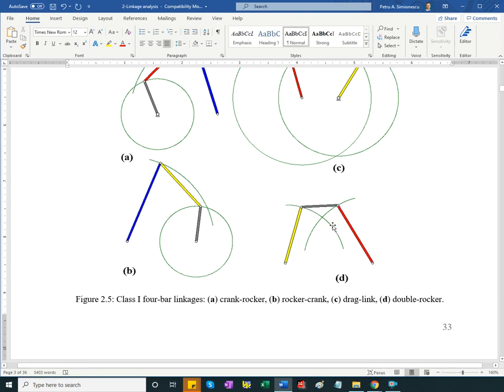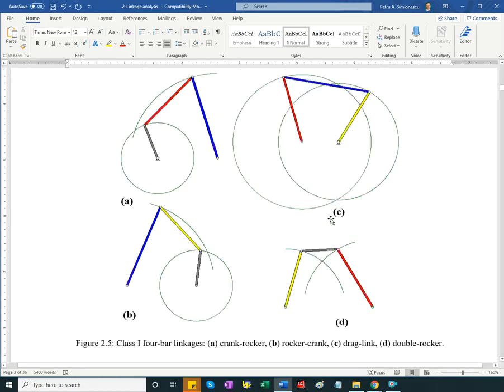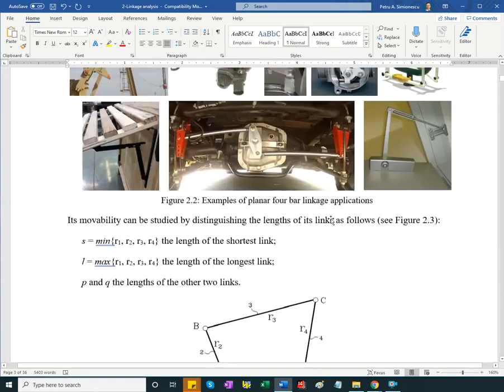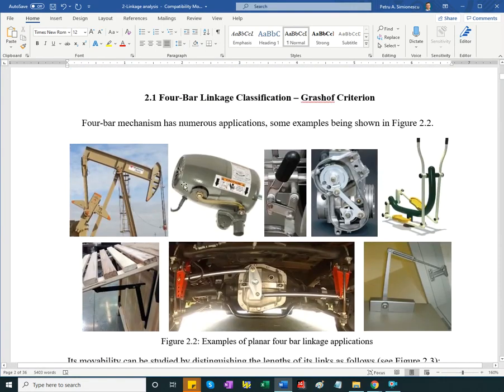The other two links would be in line. I can do the same. The other two, yellow and gray link, are in line. However, I can power one of the floating joints, and I'll be able to drive the shortest link, the coupler, this time full turn. And this would be the case of the oscillating fan mechanism.